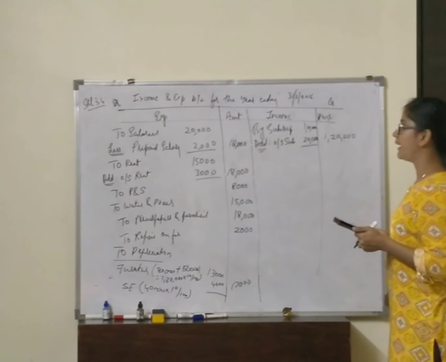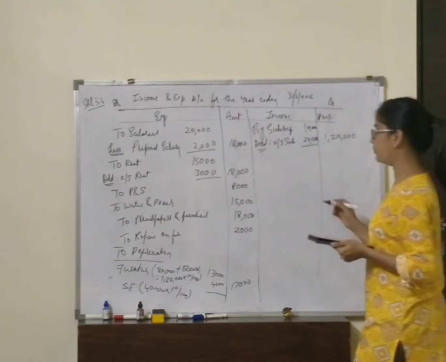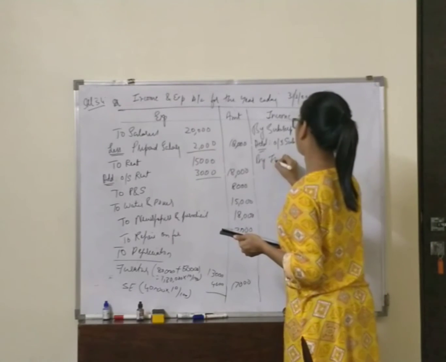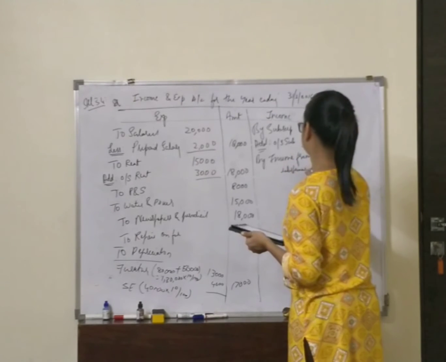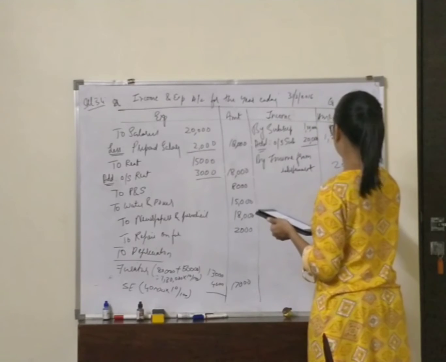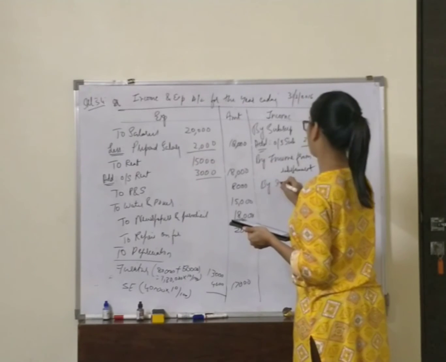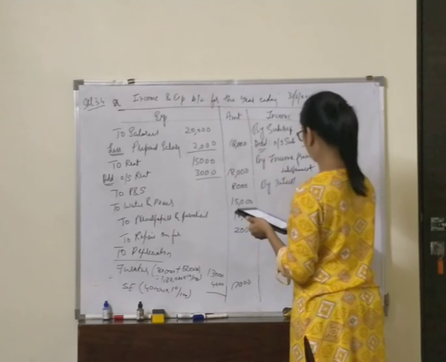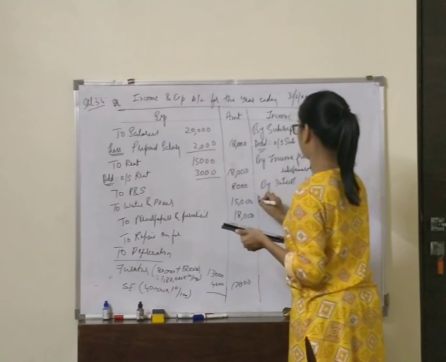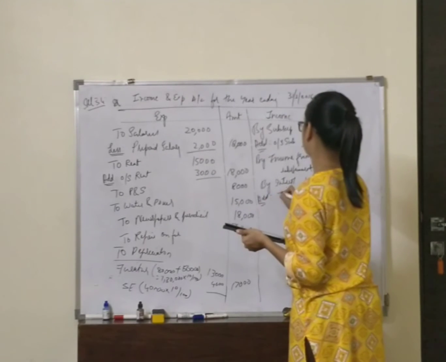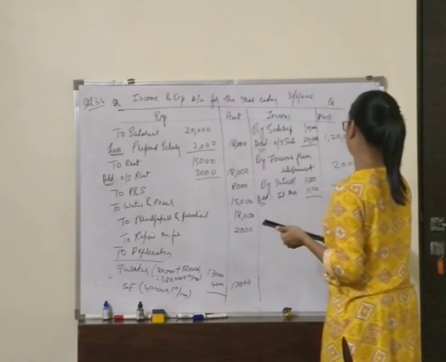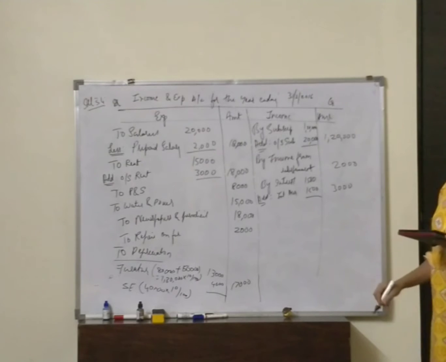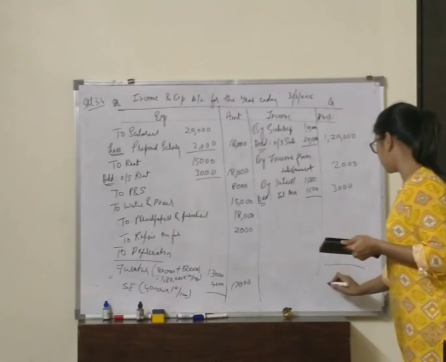This 20,000 has been explained at the beginning of the problem. Then we have by income from entertainment, 2,000. Then we have by interest, 1,500. Add interest accrued, 1,500. We get 3,000.